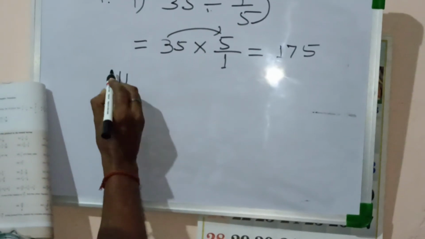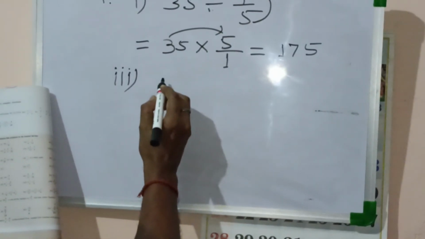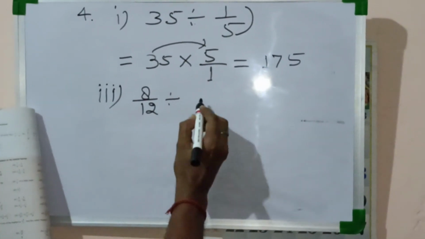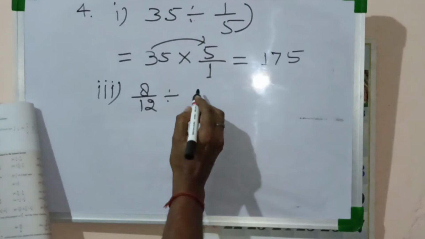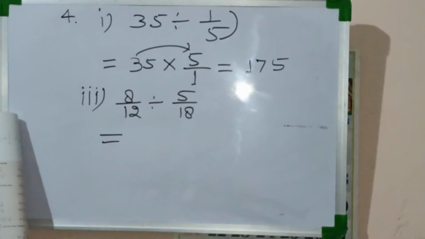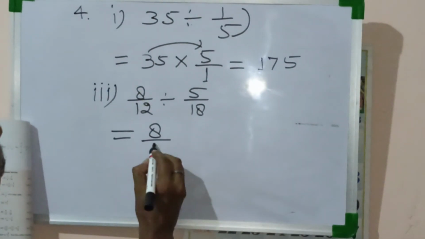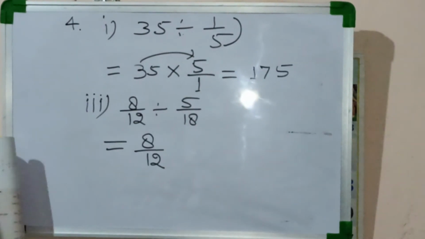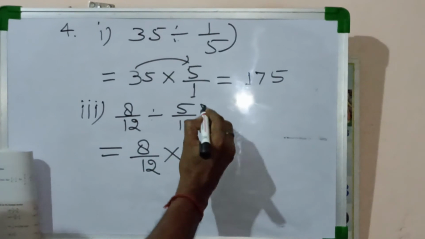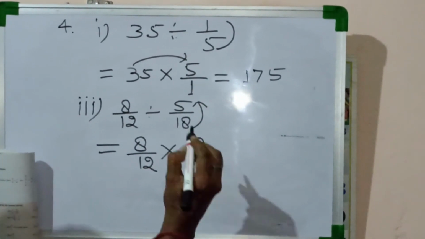Now the third part. Third part is 8 by 12 divided by 5 by 18. 8 by 12 divided by 5 by 18. So when you convert to multiplication, then this fraction will be inverted. You will write the reciprocal, it is 5.